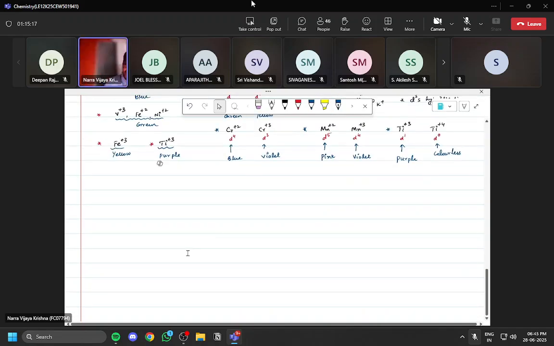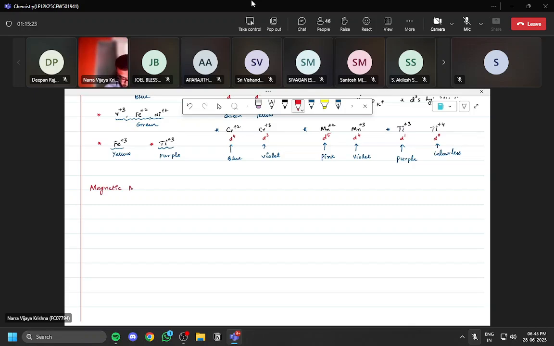Next one, magnetic moment. Indicated by the symbol mu. If it is a spin only magnetic moment, then what will we write?